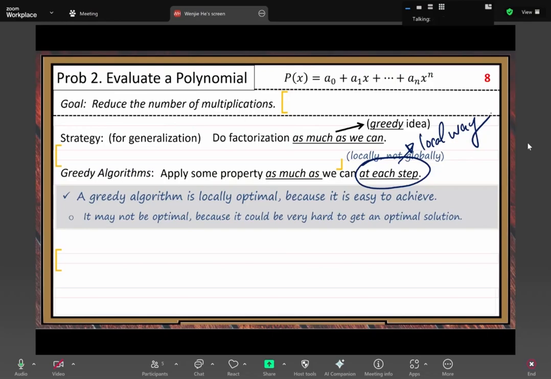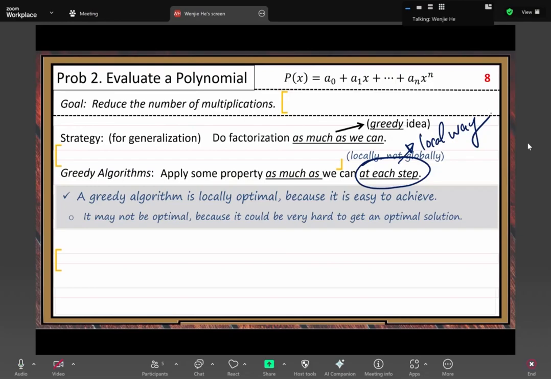If we say optimal, we mean globally optimal. If we say some algorithm is optimal, then overall it is optimal, considering all the possibilities. To get a globally optimal solution is extremely hard.